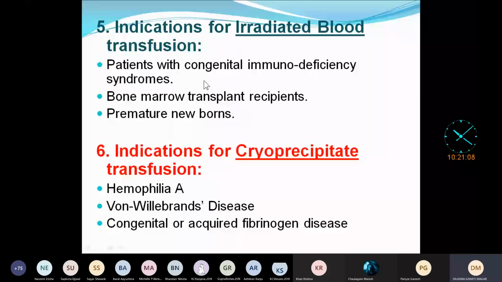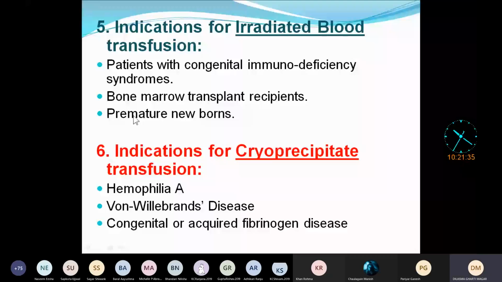Patients with congenital immunodeficiency syndromes can be prone to infection. So whenever blood transfusion is required, that time we'll give irradiated blood transfusion. And also in case of the bone marrow transplant recipients, whenever the bone marrow transplantation is done, that time we will give the irradiated blood transfusion.